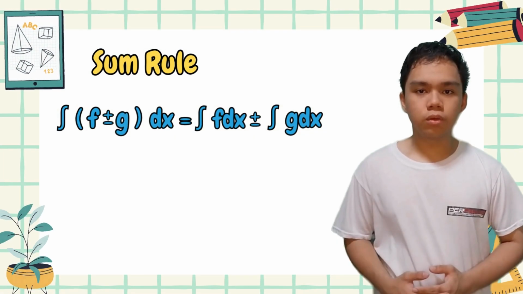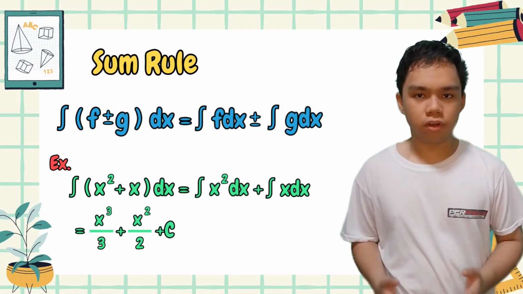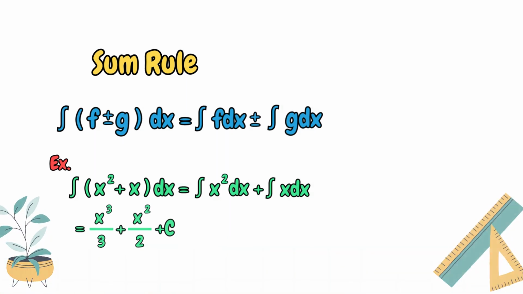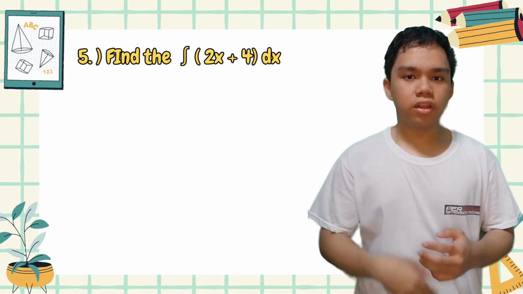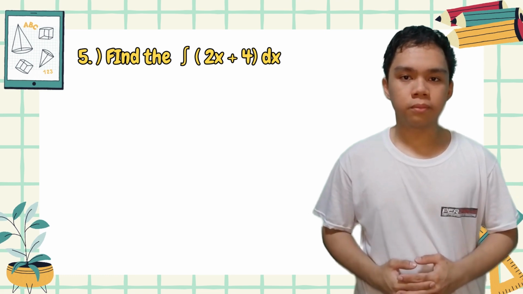The third basic rule is the sum rule, which states that the indefinite integral of the sum of functions is equal to the sum of the integral of each function. For instance, you want to find the integral of 2x plus 4 with respect to x.